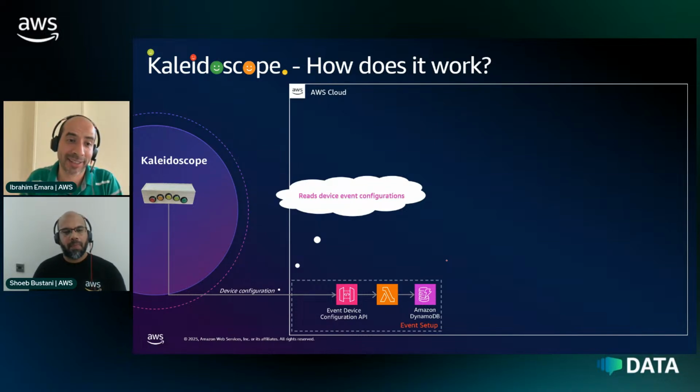Let me ask a question here. How are these devices connected? How secure is the connection? These devices, of course, download their configuration data from AWS, but they have their own identity, and when I say identity, they have their own certificates. They use mutual TLS for authentication.